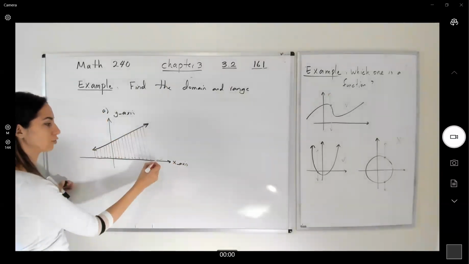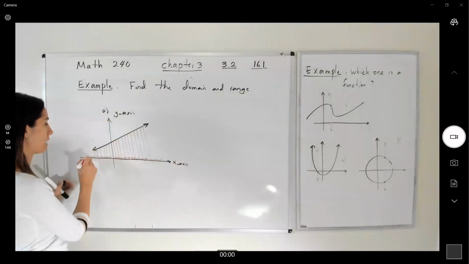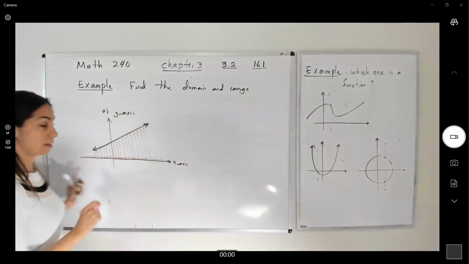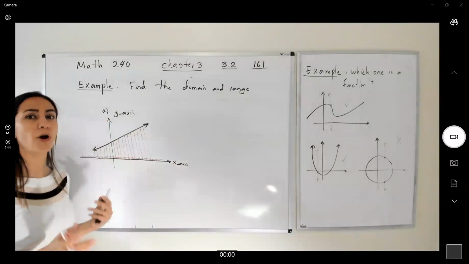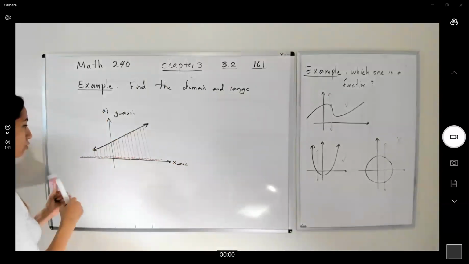So if you shade all of these values, it has negative infinity to positive infinity as its domain.